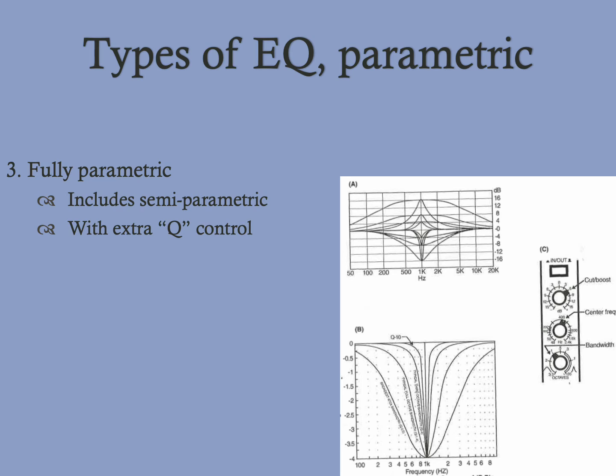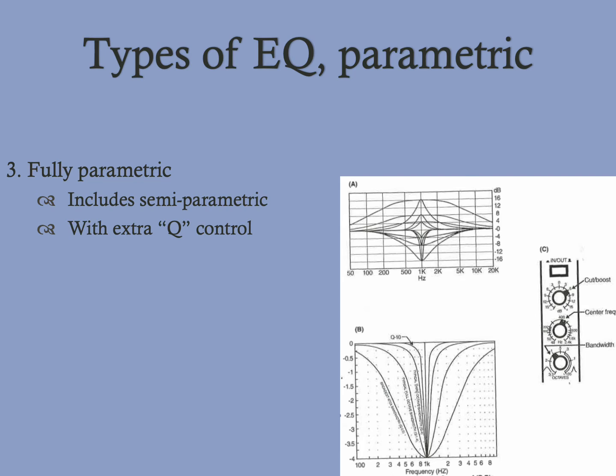In the bottom image there, B, you can see that you can be very narrow with a Q of 10. The Q is quality control, or precision of frequency range specification. You're only going to be affecting that 1K. Across the bottom is the frequency, and on that bottom graph, the left-hand side is decibels of reduction, and on the top is the Q control.